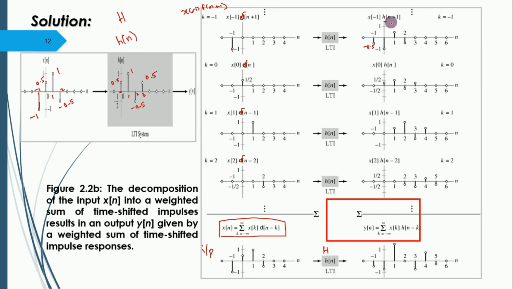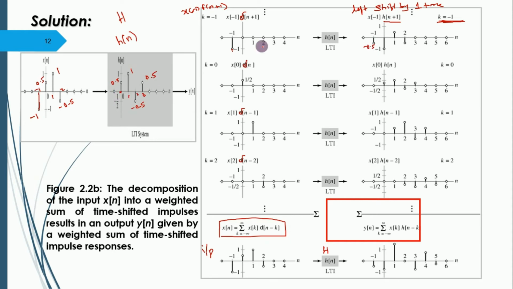Because it is h of n plus 1, a left shift by one time. So multiply this one with h of n and shift it by one time to the left, because it is h of n plus 1. Because we are operating at k equal to minus 1. Remember that. k equal to minus 1 means whatever the multiplication results in, shift it left by one time.